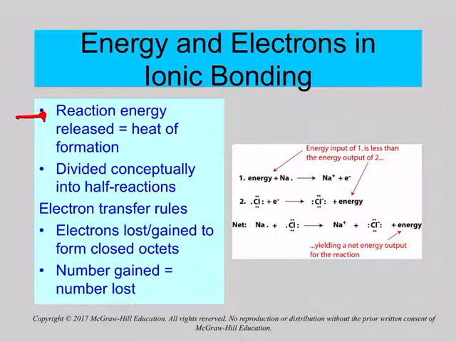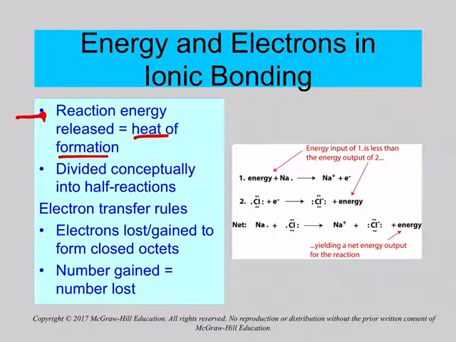Whenever there is a reaction, energy that's being released is known as the heat of formation. It takes energy, and sometimes energy is transferred as heat. We should know that because we did a chapter over energy in chapter 3, and then we also did a chapter over heat in chapter 4, and we saw how they were similar, how they related.